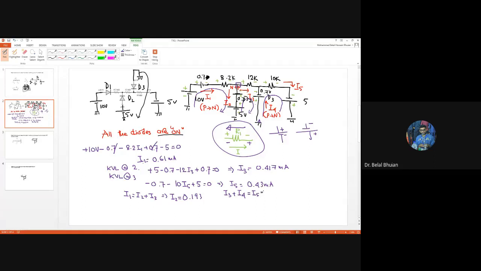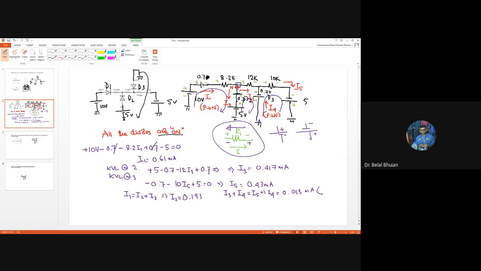So what is I4? Zero point zero one three, 0.013 milliampere.